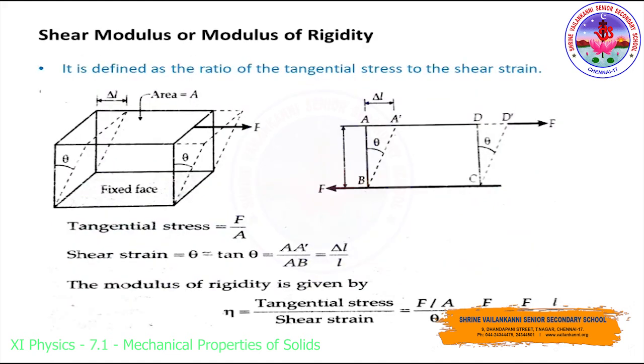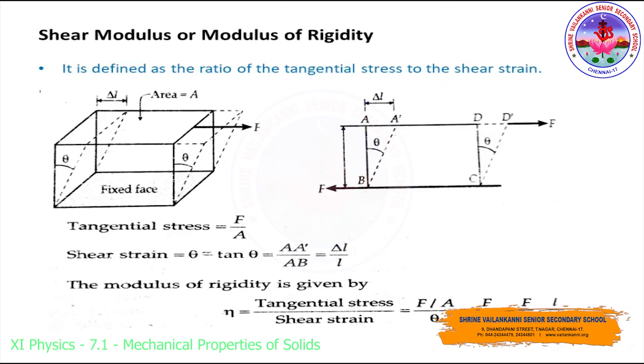Shear modulus, or modulus of rigidity, is defined as the ratio of tangential stress to the shear strain. See the diagram. We take a rectangular block whose lower face is fixed, and a tangential force F is applied over its upper face.